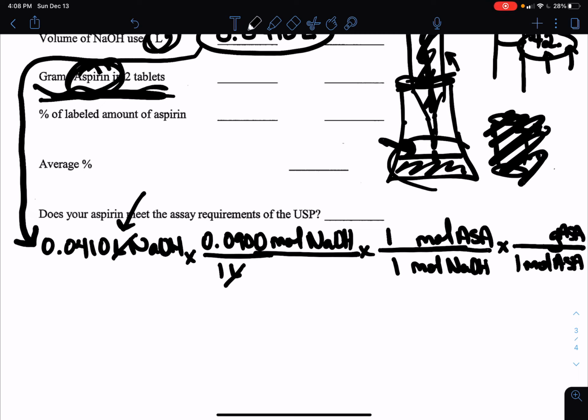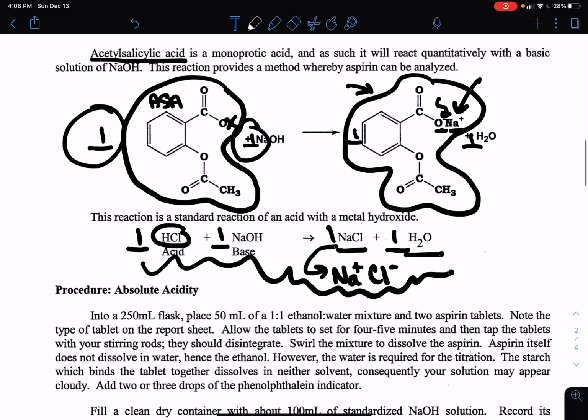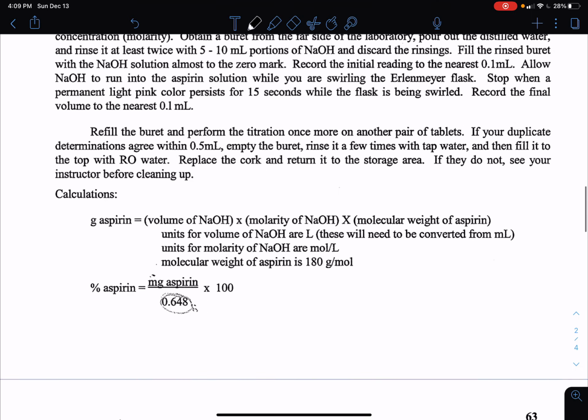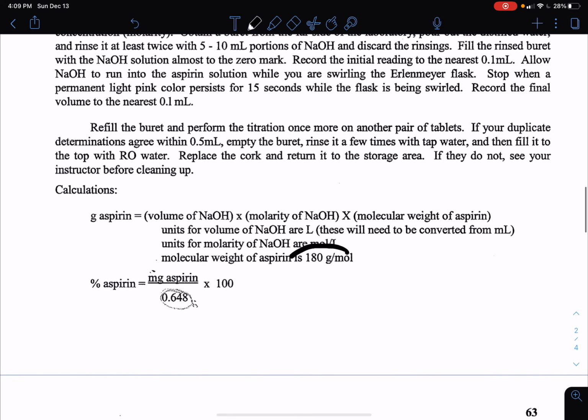You could look this up, or you could look at this molecule and count how many hydrogens, carbons and oxygens it has. Or you could take a look in the lab. I know it is somewhere. Yes, it is right there. Acetylsalicylic acid has a molar mass, also called a molecular weight, of 180 grams per mole.